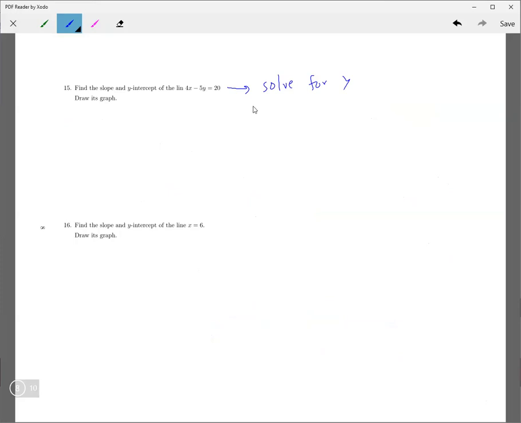So we'll take this 4x to the other side, like that, and then divide both sides by -5, I'm sorry. So basically, you're dividing everything by -5. And so this is 4/5 x, and then this is -4.